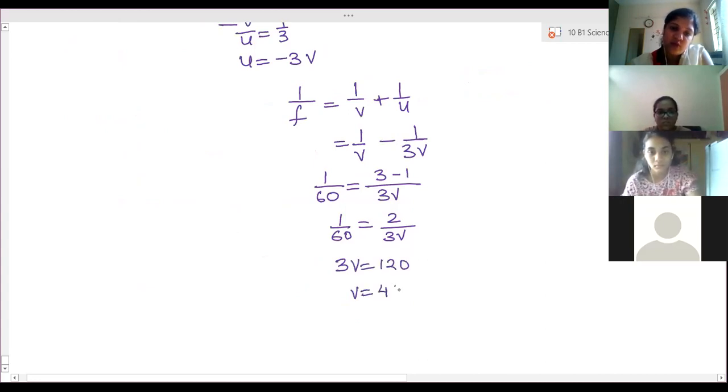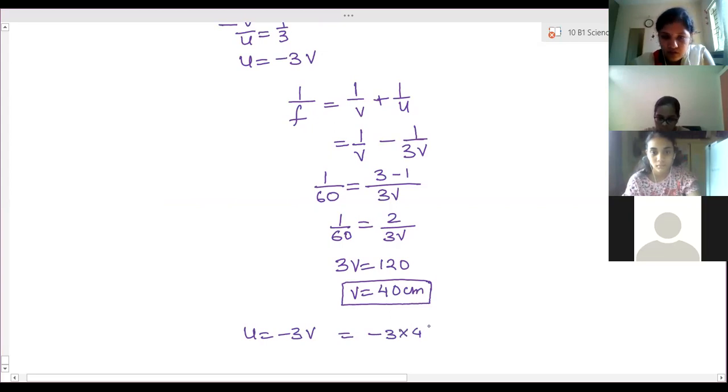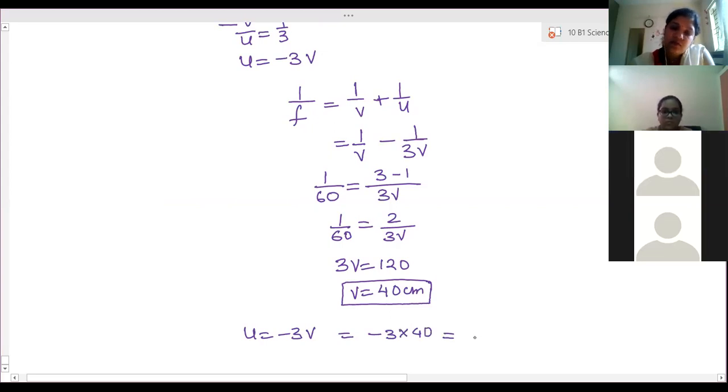V is equal to 40. But they are asking object distance, and u is minus 3v. So minus 3 into 40, u is minus 120 centimeter.